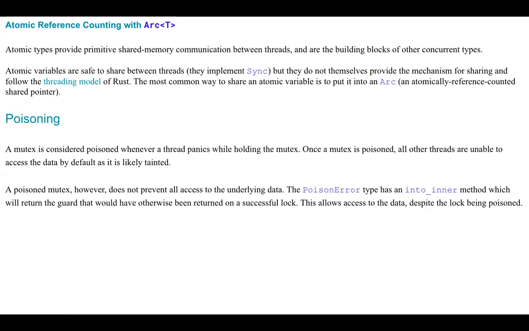By default, atomic variables are safe to share between threads because they implement Sync, and the compiler provides the implementation of Sync. The atomics themselves do not provide a mechanism for sharing, following the Rust threading model. The most common way to share an atomic variable is to put it in an Arc. Again, we'll see one example.